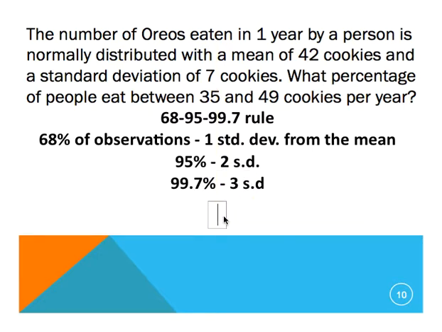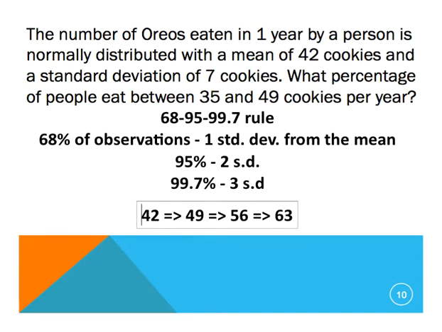I'm going to have 42 kind of right in the middle, and then if I add and subtract standard deviations, to the right, I would get a 49 if I add 7, and then I'd get 56 if I add 7 more. And then if I add 7 one more time, I get 63. So those would be the values that I would have in that direction.